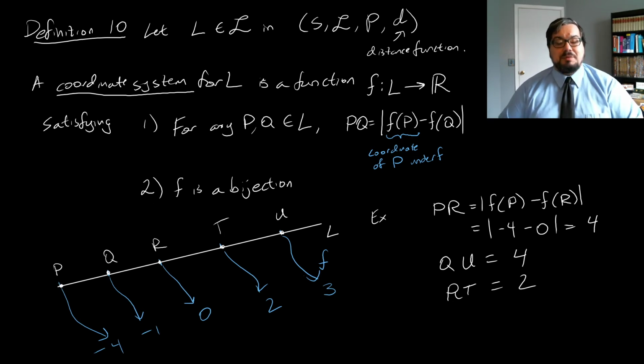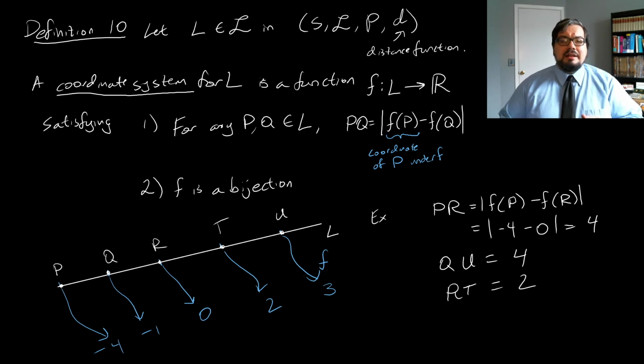In fact, uncountably many points. And this is because the real numbers have uncountably many points. And since f is a bijection, that means that the set L and the set of real numbers have to have the same cardinality. They have to have the same number of things inside them. So since R is infinite, L also has to be infinite.